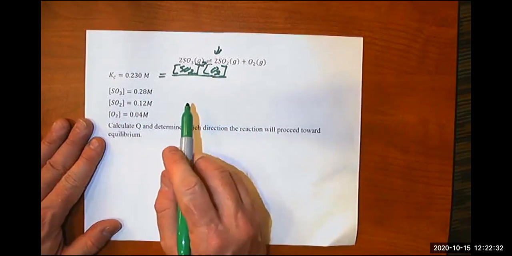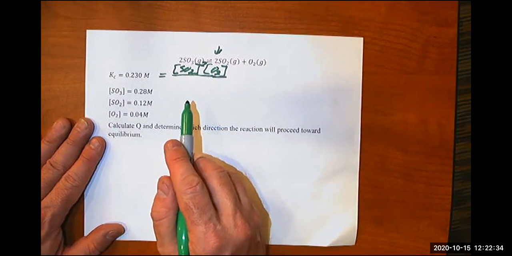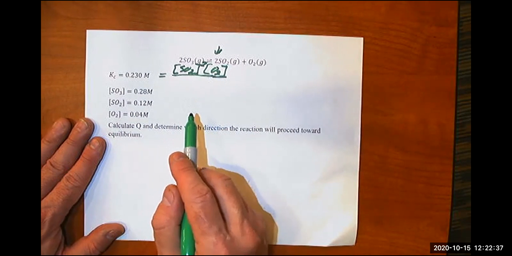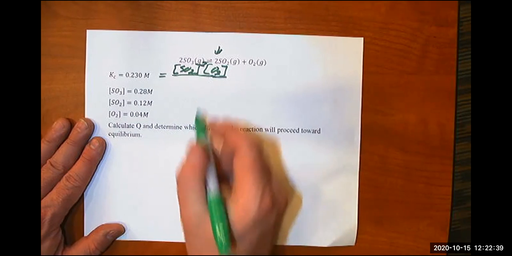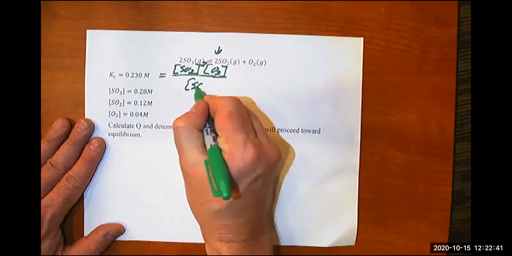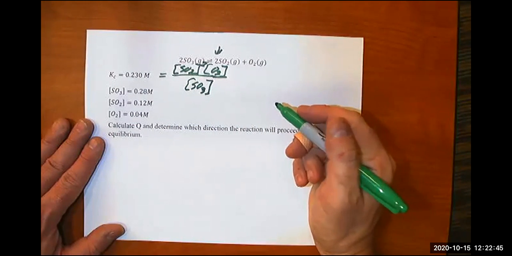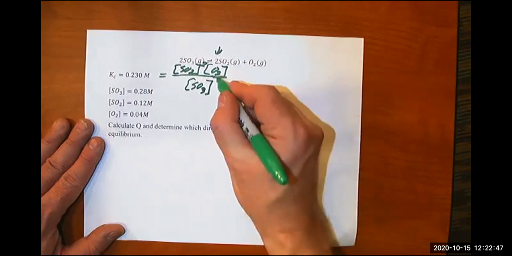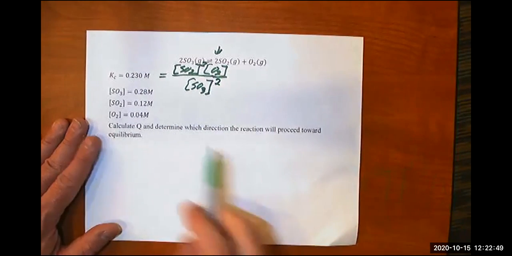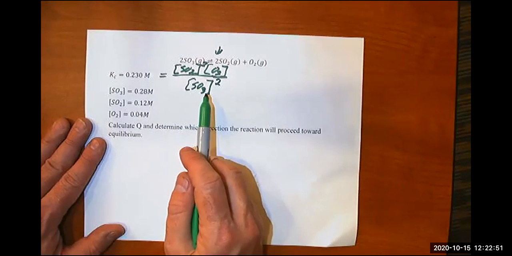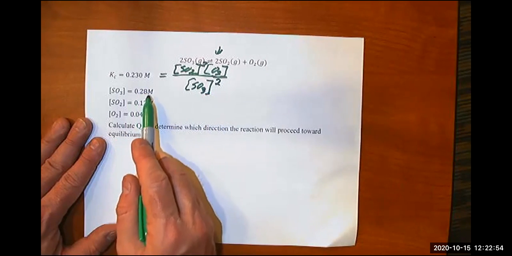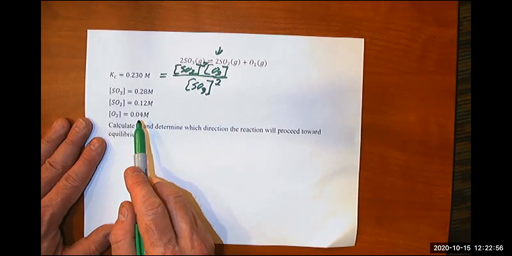What are we going to put in the denominator? The reactants, right? So SO3. Are we done? No. What do we do? Square it, exactly. Okay, so this is our equilibrium expression. We have numbers for our current values.